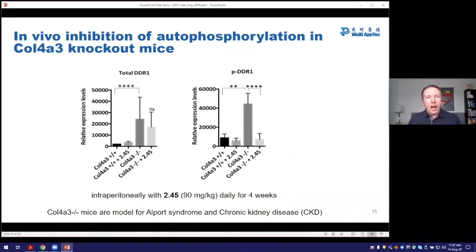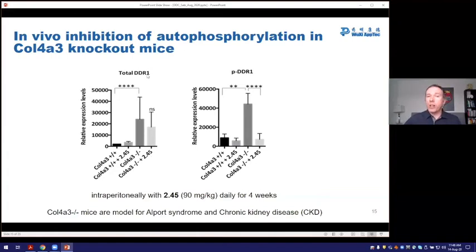Okay, so here I'm going to show you two plots describing the in vivo results of dosing mice with compound 2.45. And so we have the healthy wild-type mouse, the plus, and we have the disease model mouse, the double knockout. And what we show here in this plot is that the total expression levels of DDR1 remain high in the knockout mouse, whether or not compound 2.45 is added.